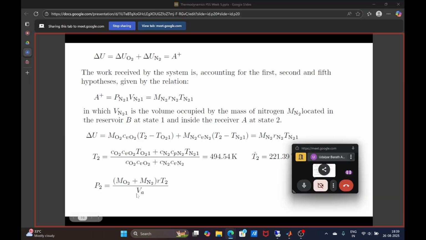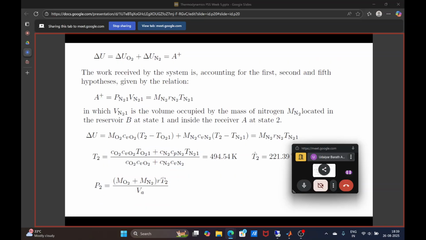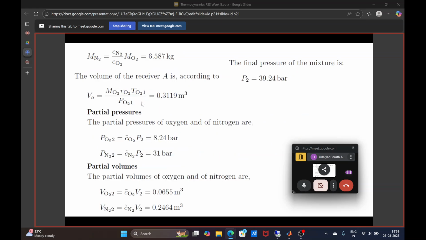Substituting this, we know the mass of O2 is 2 kg, and the mass of N2 we have found to be 6.587 kg. We know the gas mixture R, we know the temperature, and we have found the volume, so we can find the pressure, which comes out to be 39.24 bar. So we have found the total final pressure and final temperature.